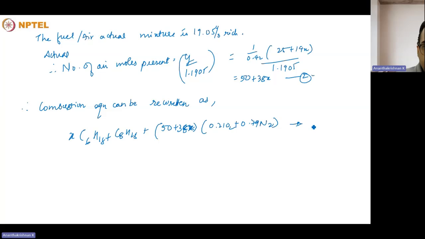This will give A times CO2 plus B times CO plus (9 plus 7x) times H2O plus 0.79 times (50 plus 38x) times N2.